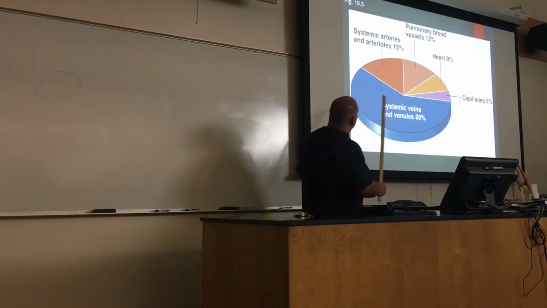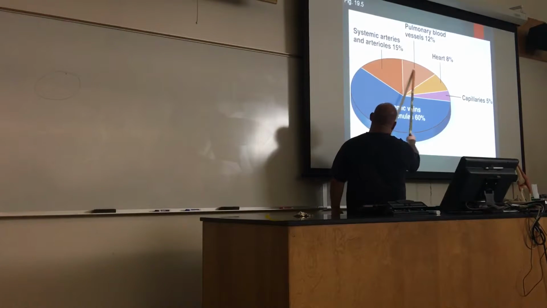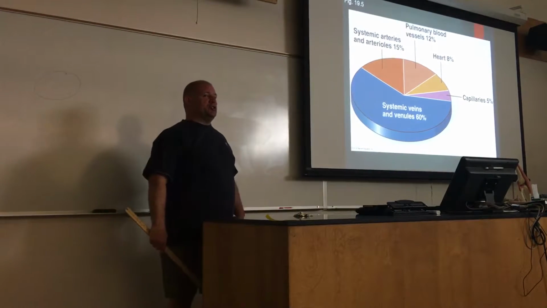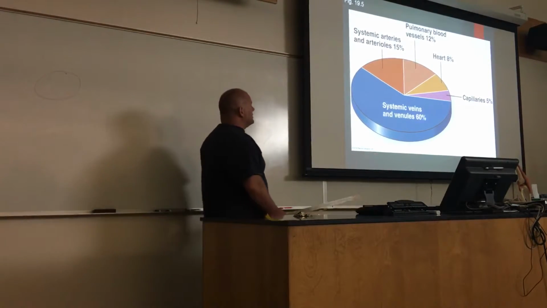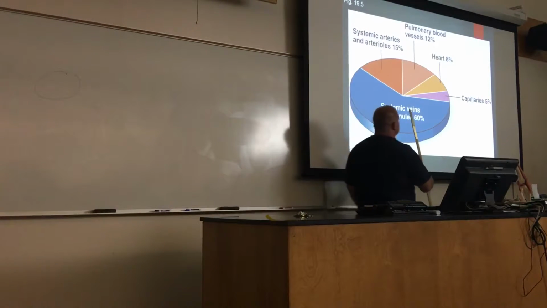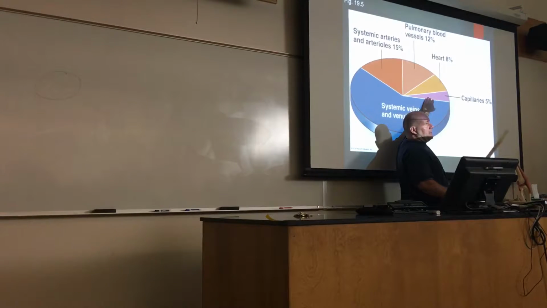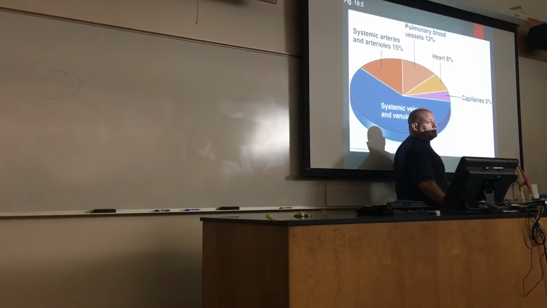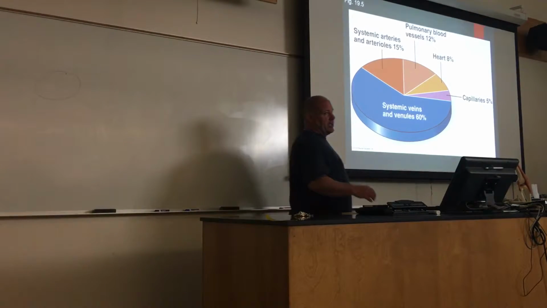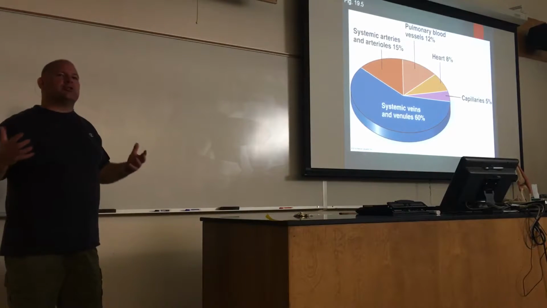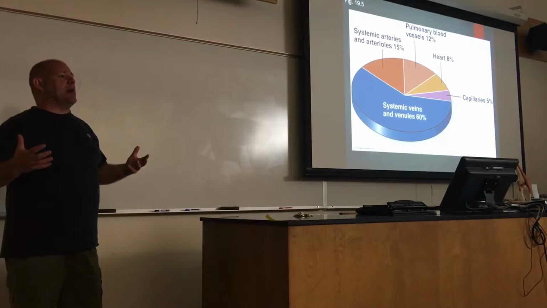Now you should probably have a pretty good idea that basically we have about 15% each of the blood in the arteries and the capillaries, and then the rest of it remains in the heart and the pulmonary capillaries. So again, the number I care that you know on this particular diagram is that two thirds of your blood is in your venous system at any given time.